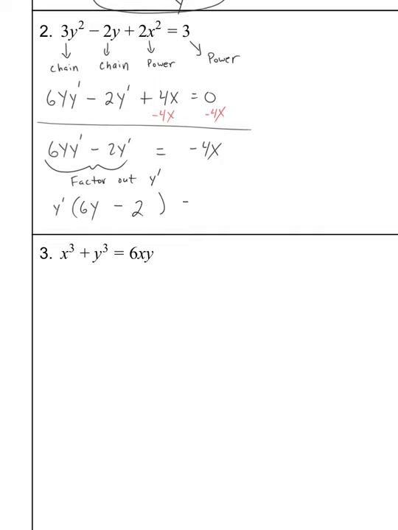And then the right side stays the same, negative 4x. Now, finally, to get y prime by itself, we simply divide. We divide both sides by 6y minus 2, so that that binomial cancels out, and we're left with y prime by itself. So, again, these cancel out. Here is my final best full credit answer.